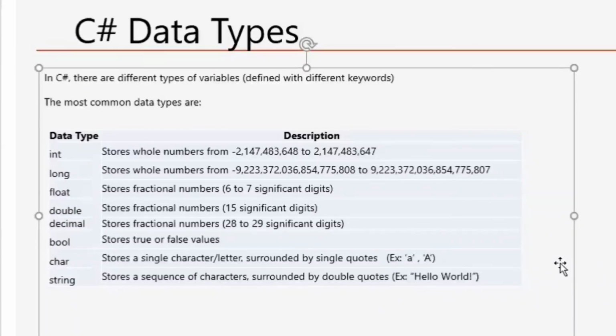Similarly, the next type is char, C-H-A-R. Char is the keyword to define a char data type variable. It stores only a single character or letter.